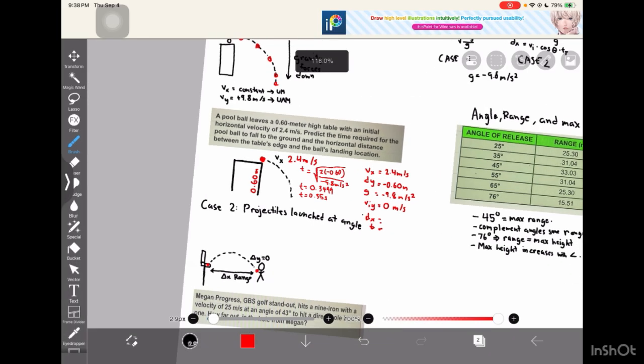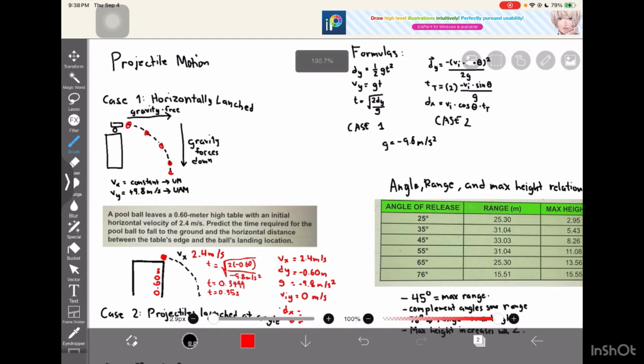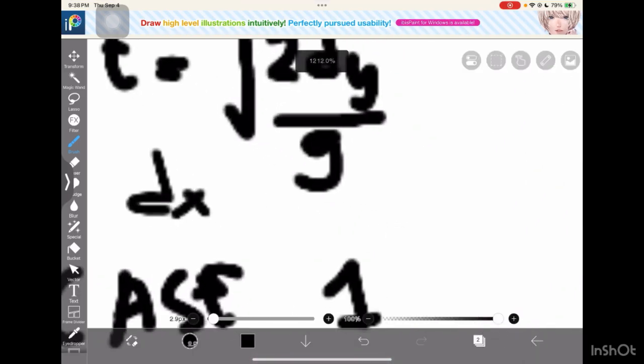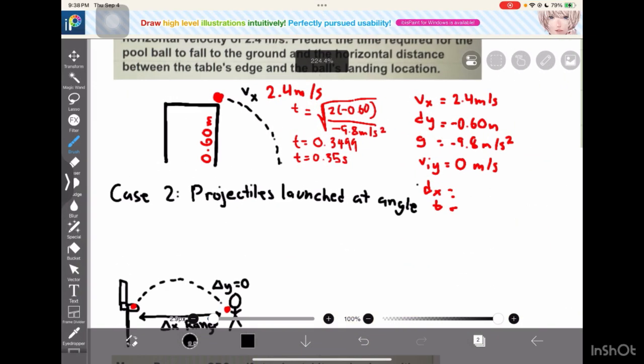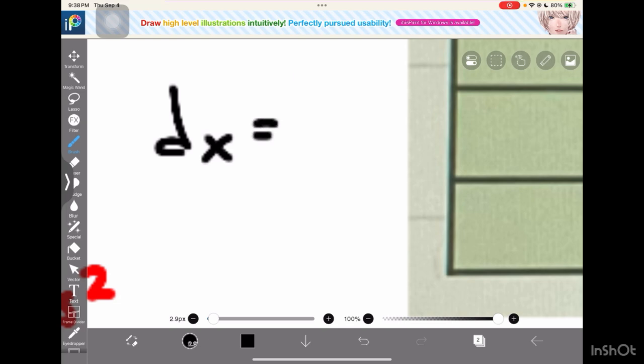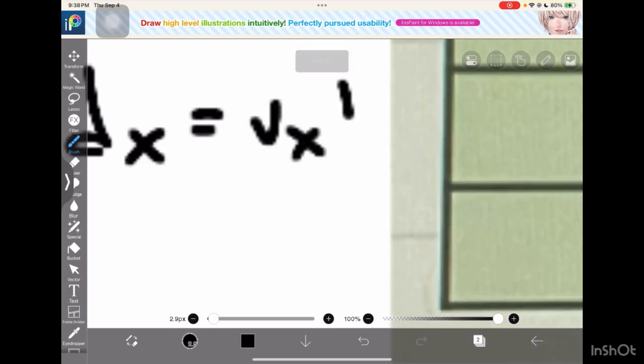So how about the horizontal distance? The horizontal distance can be found by, oh, I forgot one of the formulas. d sub x is equal to v sub x times t.